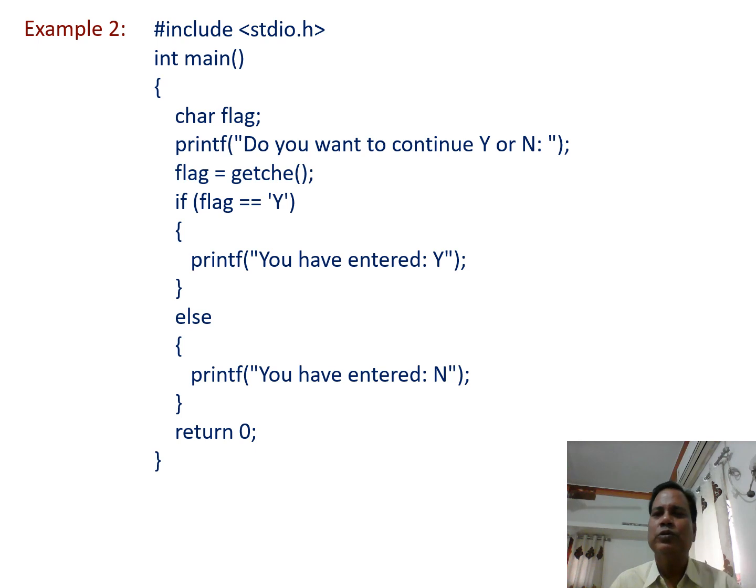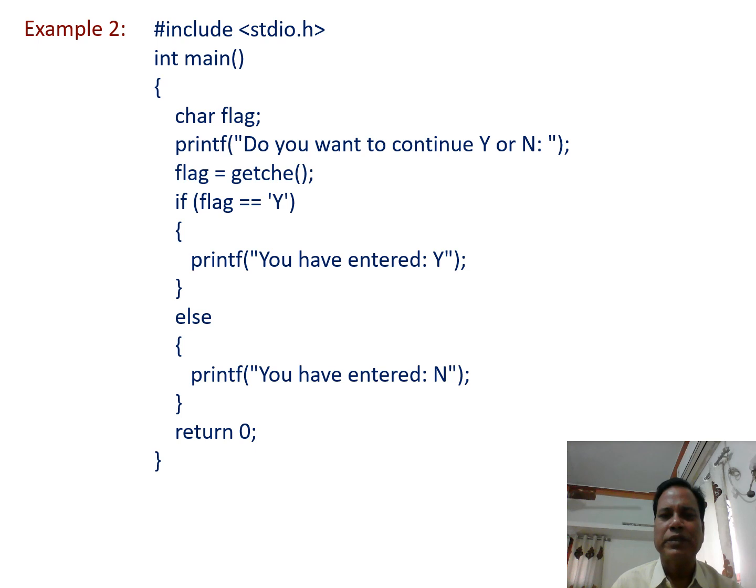We have to press either the y character or the n character. So when this message is displayed on the output screen, we press either y or n. That y or n is taken in by the getch function and is stored in the character variable flag.